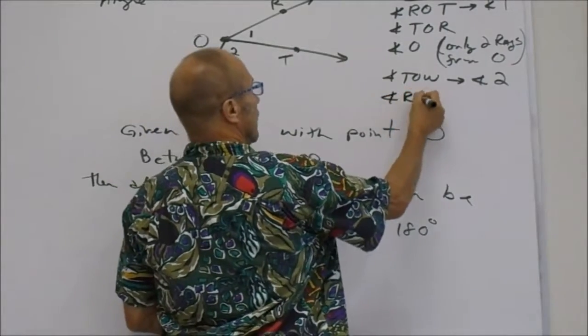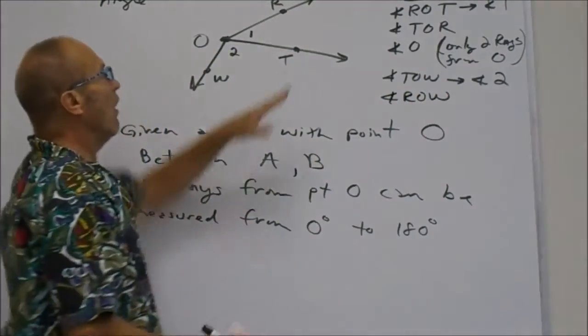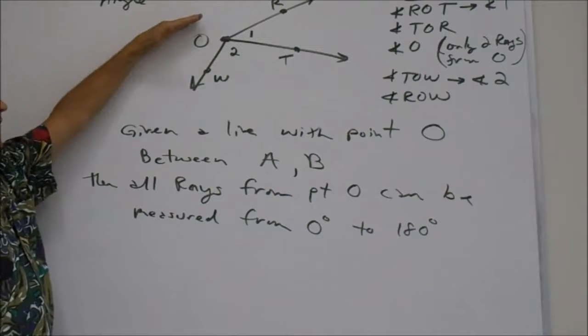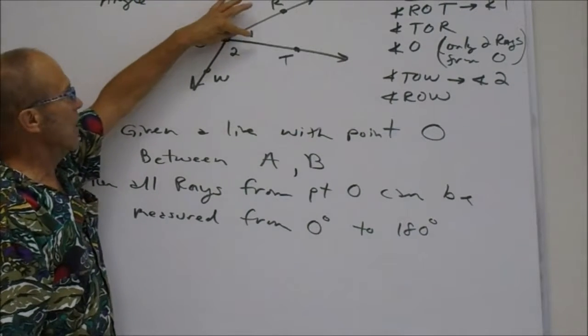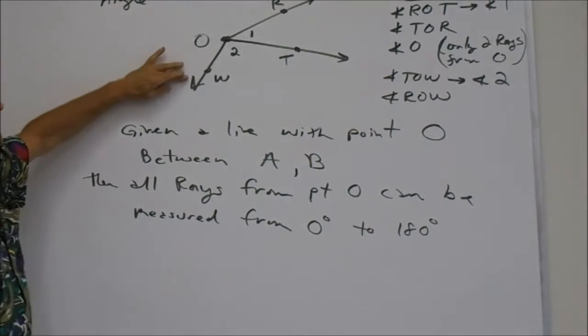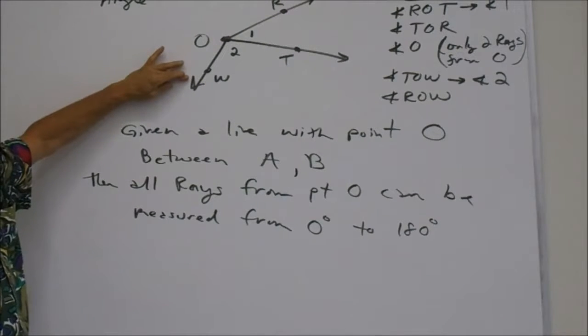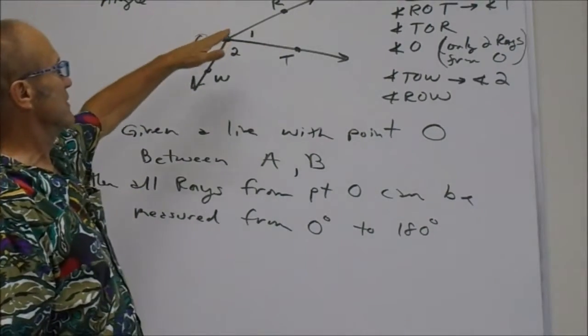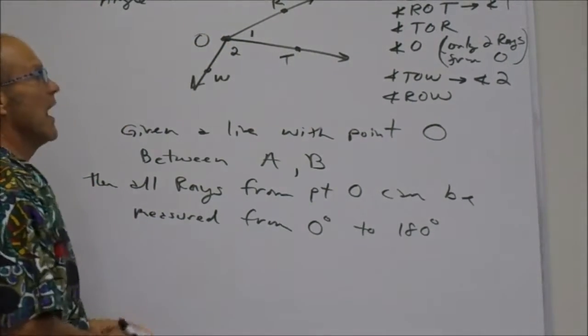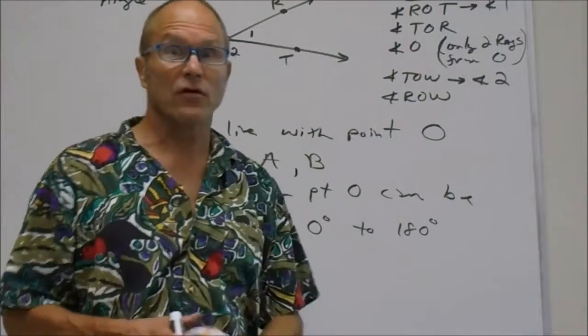So these are various ways of looking at all the angles pictured on this little diagram. You think there's three angles. There's angle 1, angle 2, and then there's the combination of both. And that's the names. There are also other ways of looking at the parts.